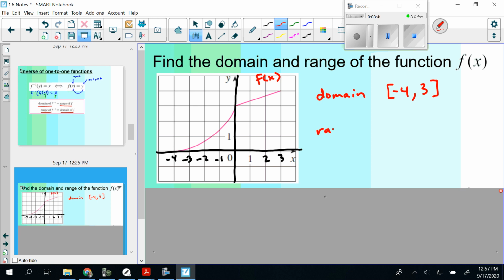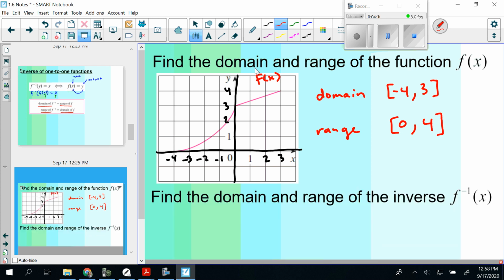What's our range? Our range is our y values. It goes from 0 on the bottom up to a y value of 4. Now what is the domain and range of the inverse? Remember, those just flip-flop.